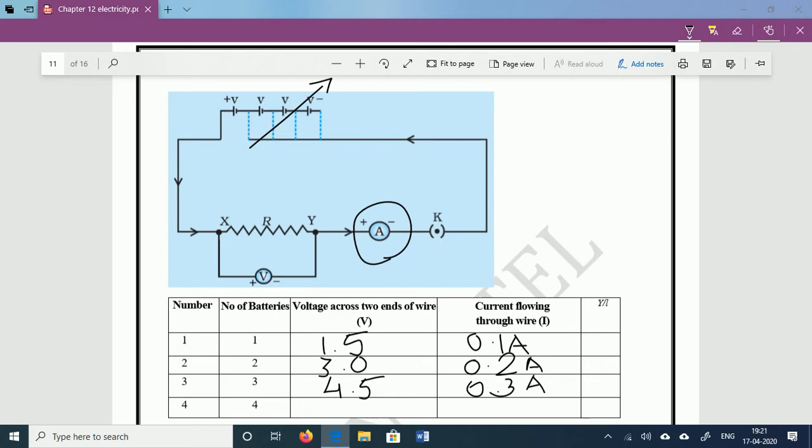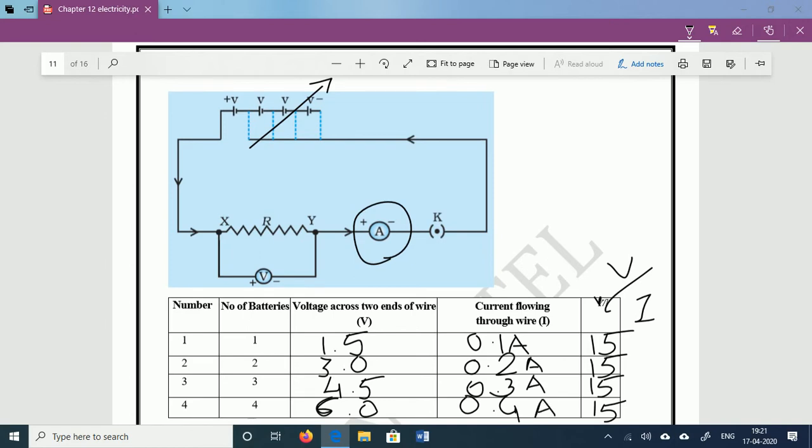Later the voltage was increased up to 6, and the current became 0.4. Now here we take V upon I. When we take the ratio of V upon I, here it is 15, here also 15, here also 15, here also 15.